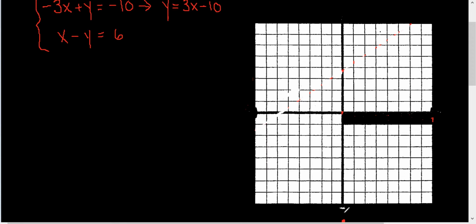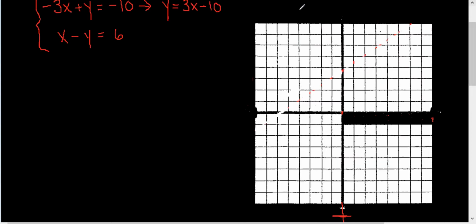Maybe just a smidgen lower, because I've got to be as accurate as I can with this one. So if I go 1, 2, I'll go here. That's about 2. So that gives me negative 10 here. Let me indicate that. Negative 10. That's this line extended out. And I've got a marker here.